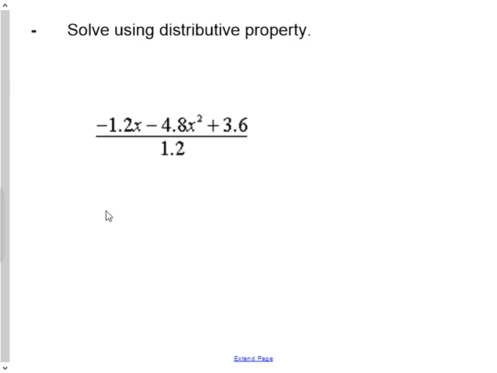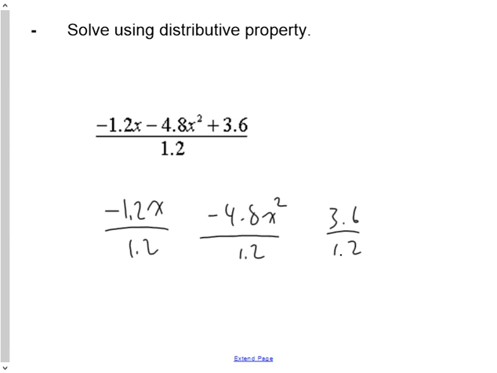Your last distributive property question: negative 1.2x over 1.2, negative 4.8x squared over 1.2, and 3.6 divided by 1.2. This is going to be a negative 1x or simply negative x.